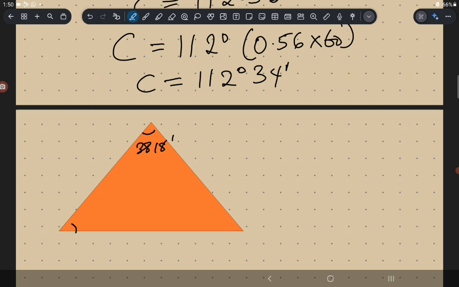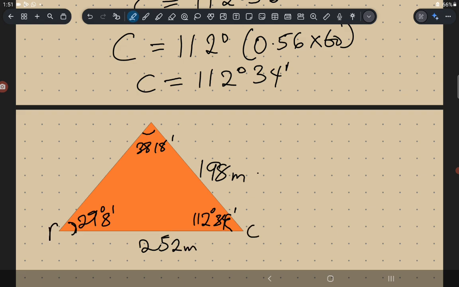Our B is given to be 29 degrees 8 minutes. Our C is given, that is 112 degrees 34 minutes. We are given the value of 198 meters here, and here is 252 meters.